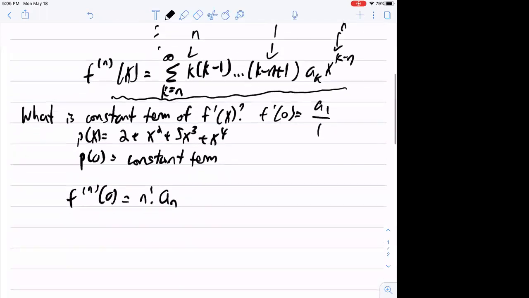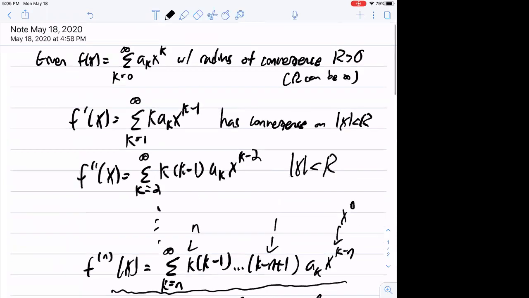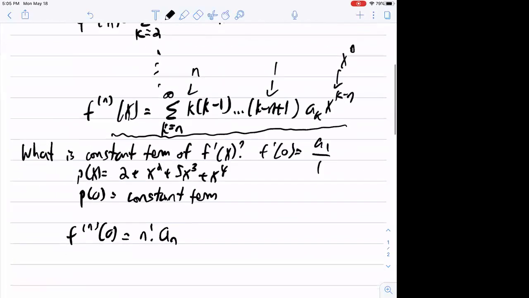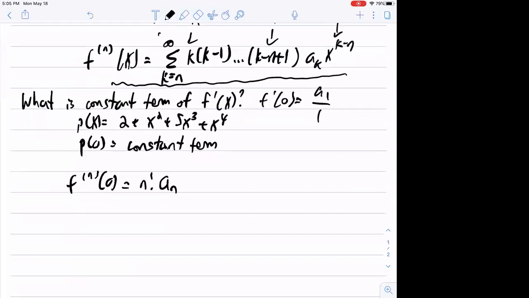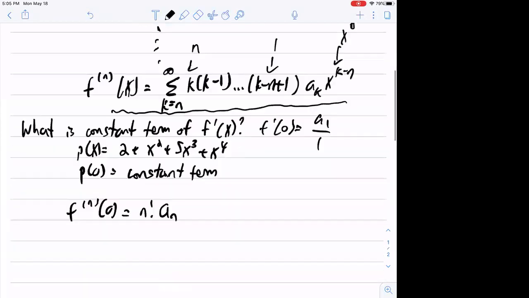So we actually recover every term here by the derivatives. The first derivative recovers a_1. Obviously, f recovers a_0 because you just plug in f of 0. So you recover the coefficients of your series by taking derivatives.